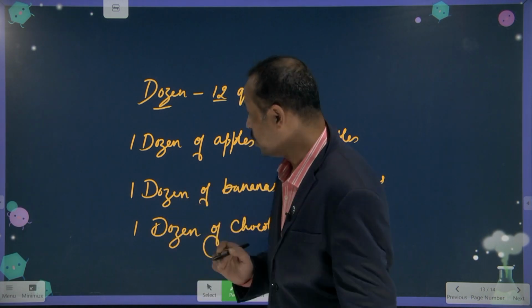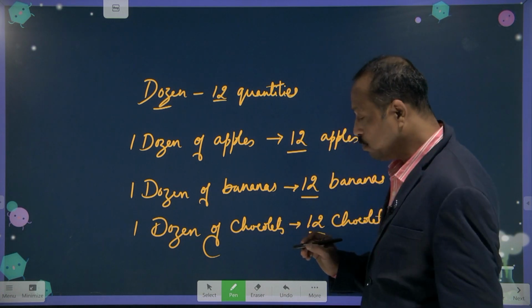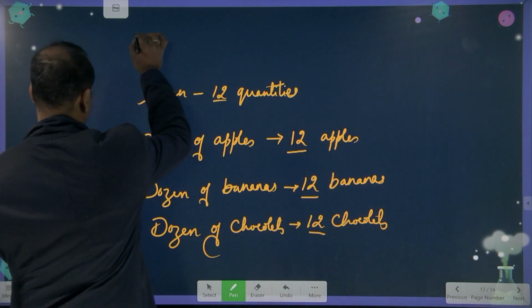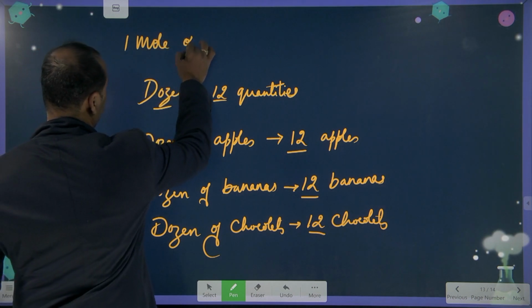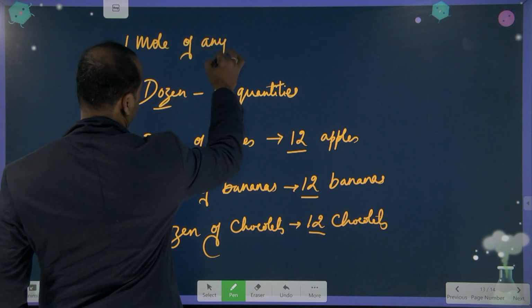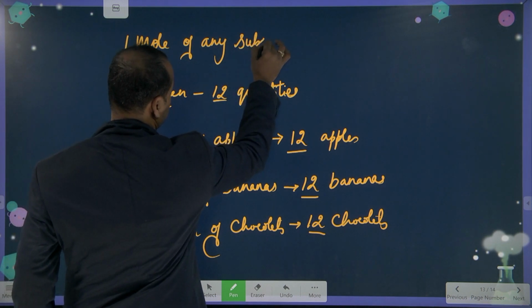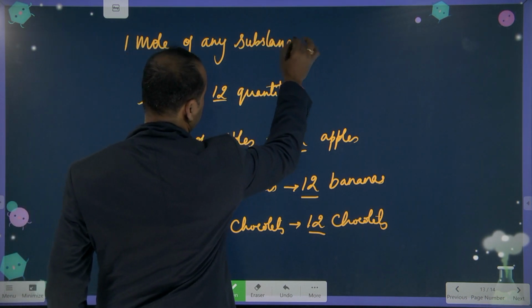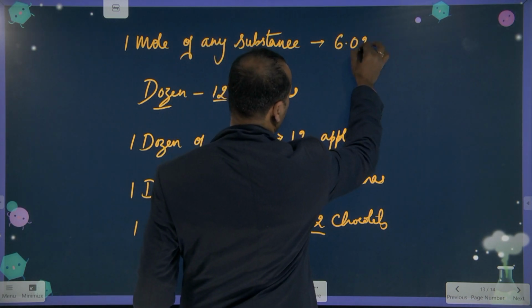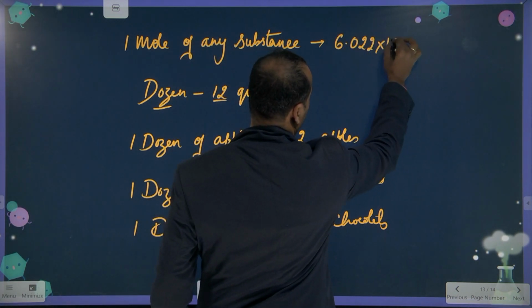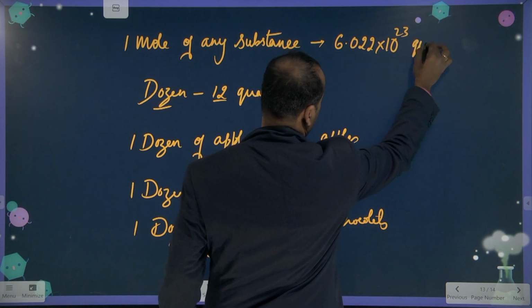Right. Now similarly, 1 mole of any substance. Remember, this is very important. Similarly, 1 mole of any substance contains 6.022 into 10 to the power of 23 quantities.